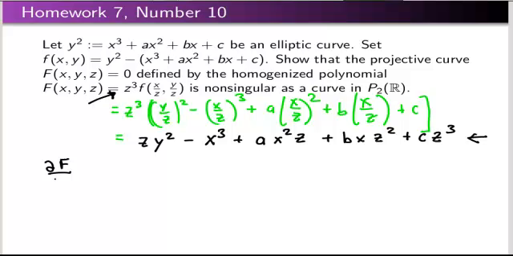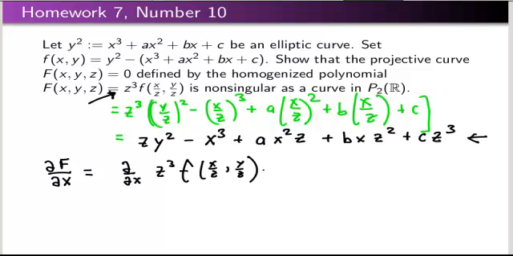So partial f partial x would equal partial x of z cubed f of x over z, y over z.